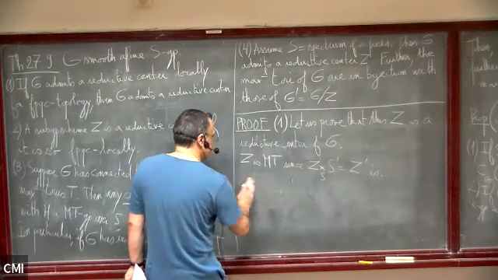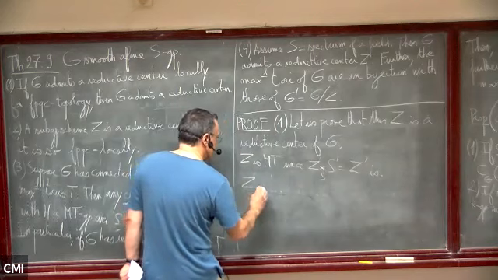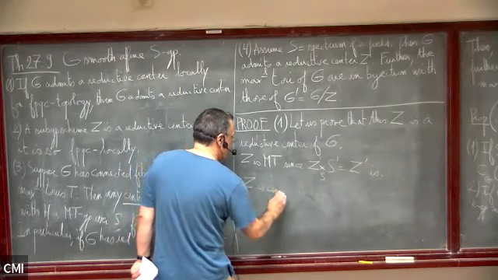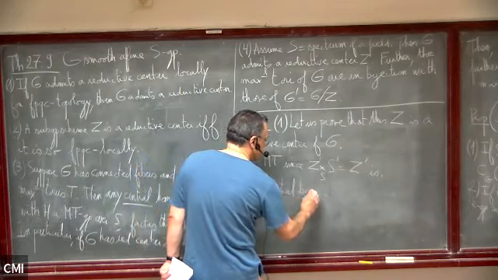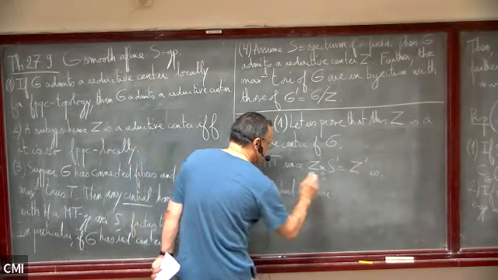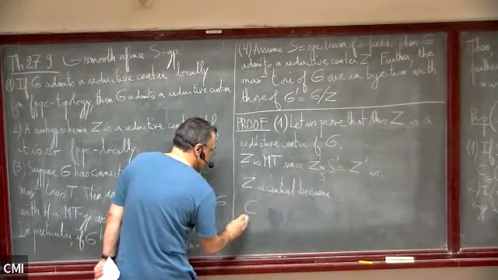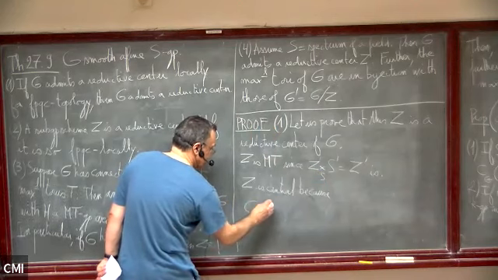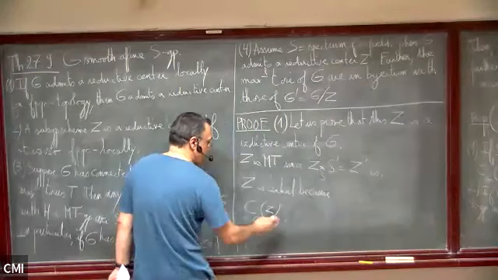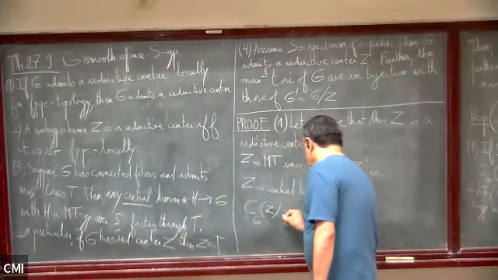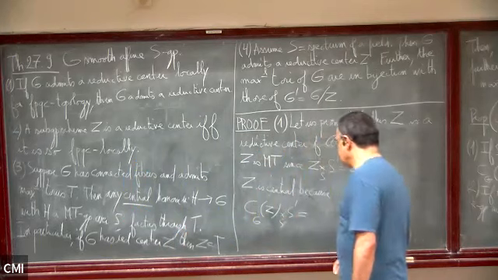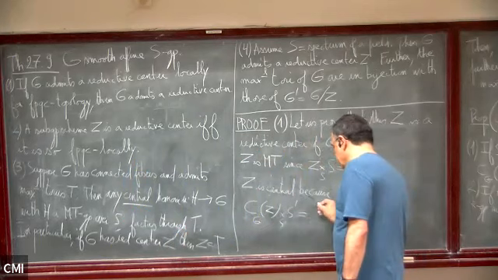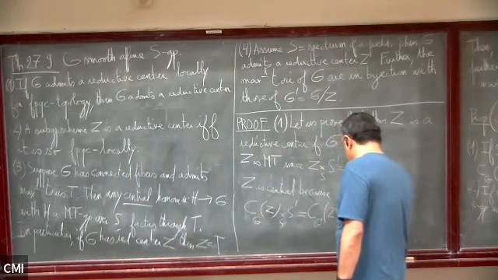Z is central because if we consider the centralizer in G of Z, and base change this, by the functorial definition of centralizer, this is the centralizer in G prime of Z prime.